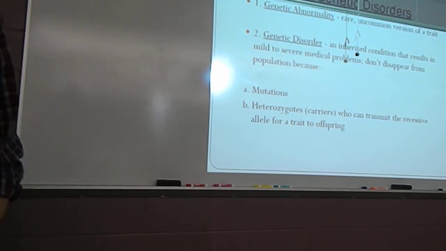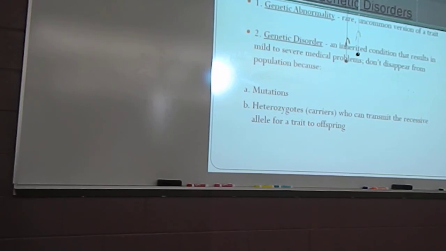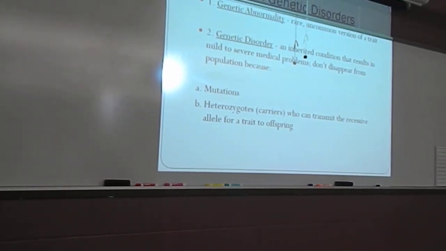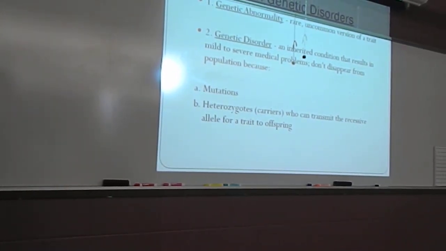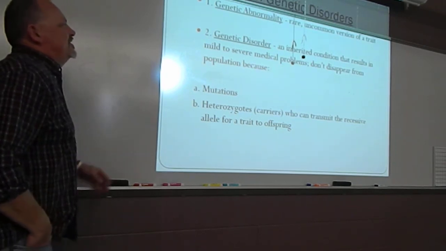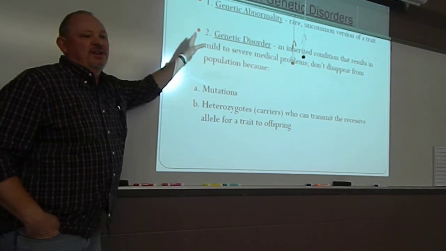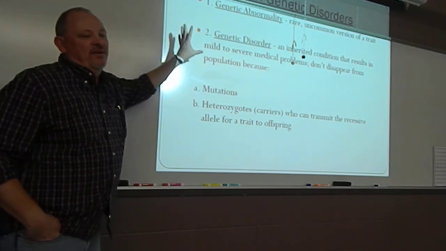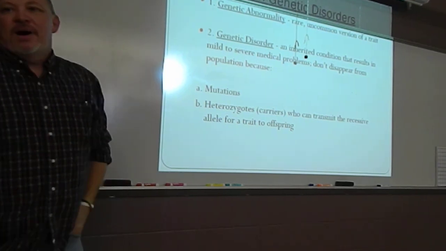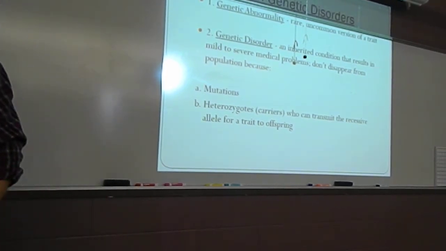And so there are things called genetic abnormalities. These are just versions of gene expressions that are in the population. They're just kind of rare, infrequent.